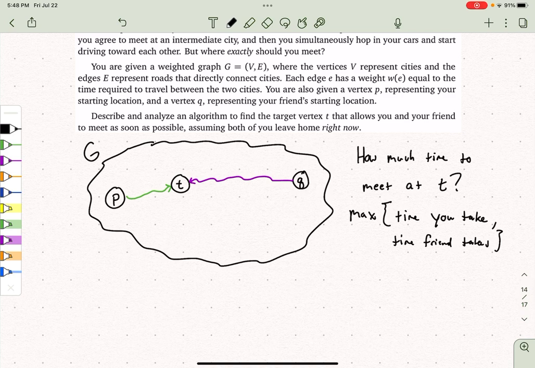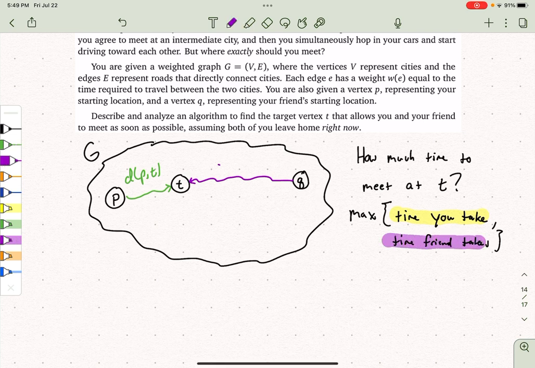Okay, so then what's the best possible time you can take? Well, that's just going to be the shortest path from P to T. And then what's the absolute fastest your friend can get to T?